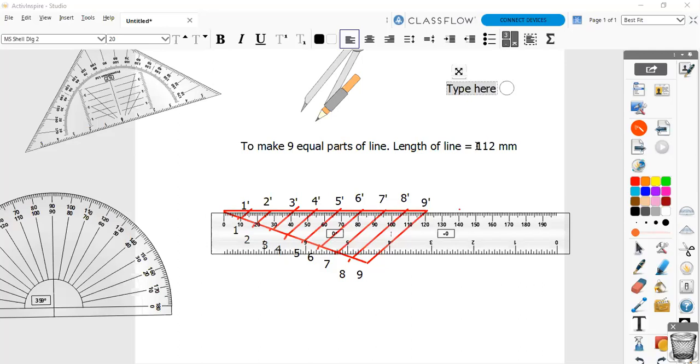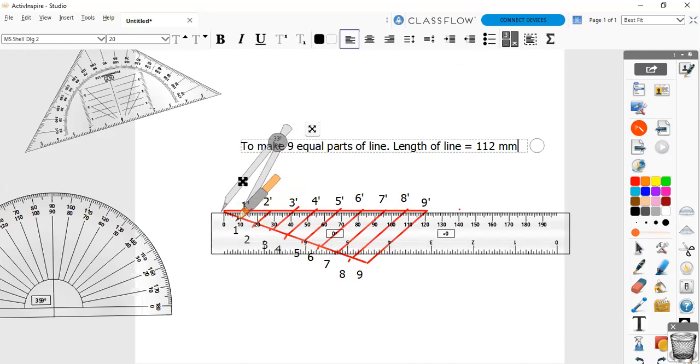You can draw 112 mm, right? Then I drew an inclined line of 90 mm because I wanted to make 9 equal parts. Then I used this compass box to mark an arc at point 1, point 2, point 3, point 4, point 5, point 6, point 7, point 8, and point 9, and gave them names 1, 2, 3, 4, 5, 6, 7, 8, 9. Then I joined this point 9 with the horizontal line and gave it the name 9 dash.